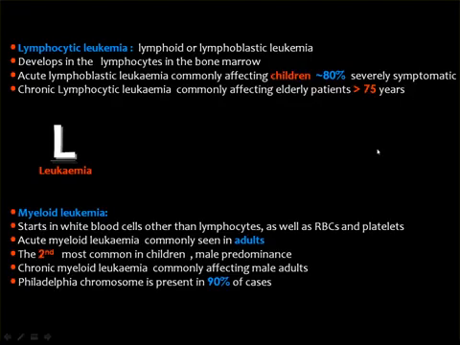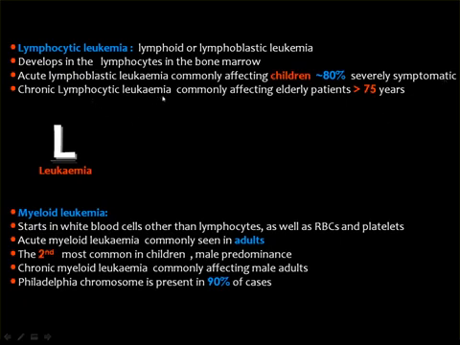Then, lymphocytic leukemia is the disorder of the lymphoblastic cells. Then this lymphocytic leukemia develops in lymphocytes in the bone marrow and is commonly affecting the children. In about 80% of the cases are severely symptomatic.